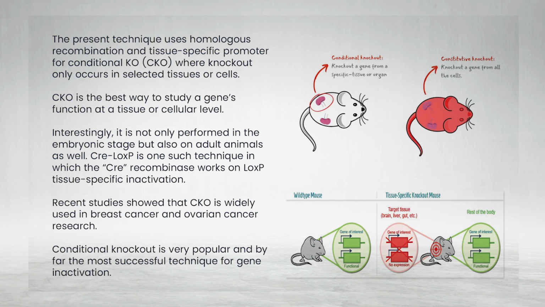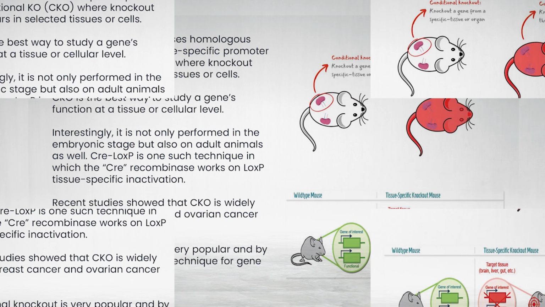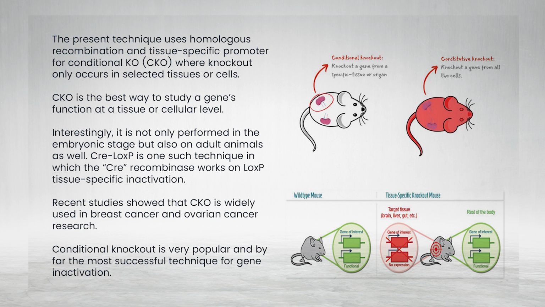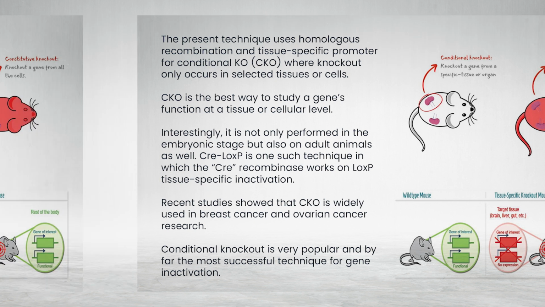Interestingly, it is not only performed in the embryonic stage but also on adult animals. Cre-LoxP is one such technique in which the Cre recombinase works on LoxP for tissue specific inactivation. Recent studies have shown that CKO is widely used in breast cancer and ovarian cancer research.